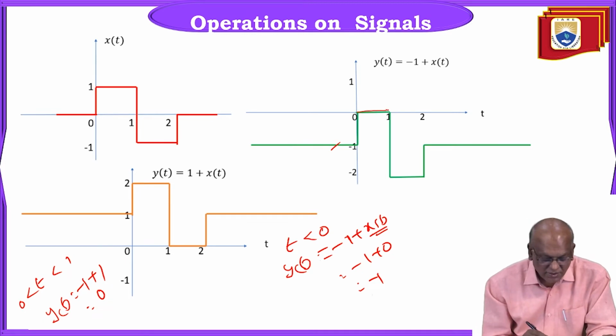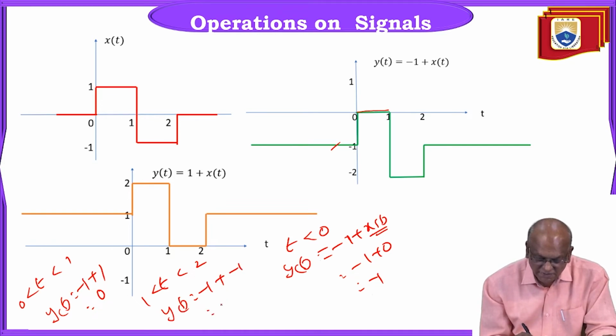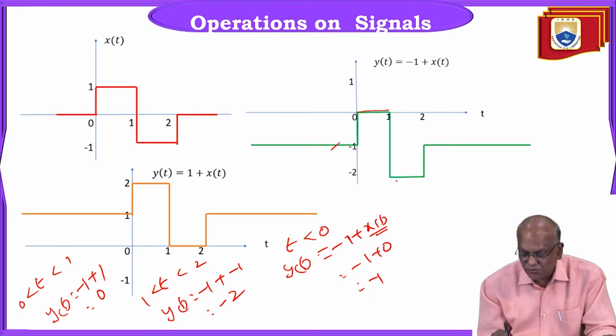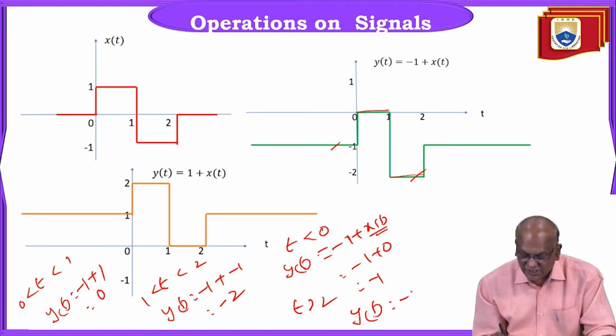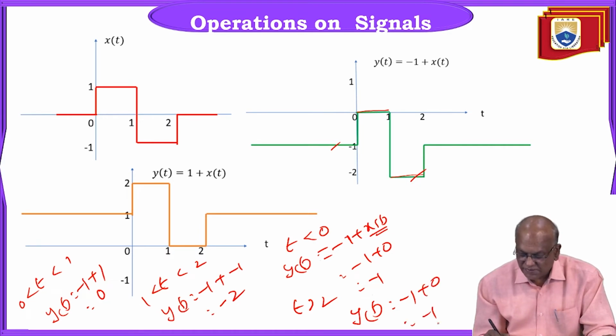Next, for t between 1 and 2, y of t becomes minus 1 plus x of t, where x of t equals minus 1, so minus 1 minus 1 becomes minus 2. When t is greater than 2, y of t becomes minus 1 plus x of t, where x of t equals 0, so it becomes minus 1.